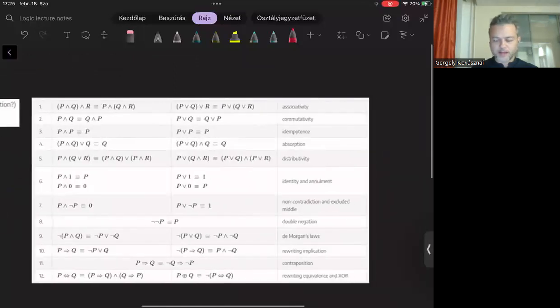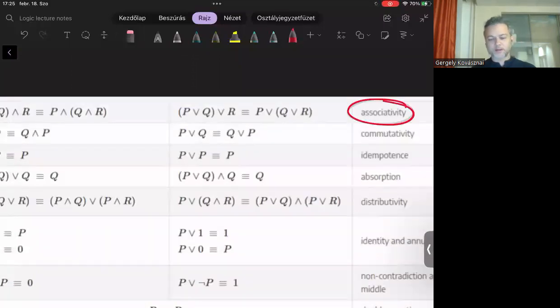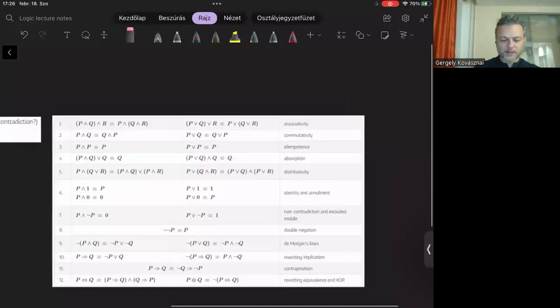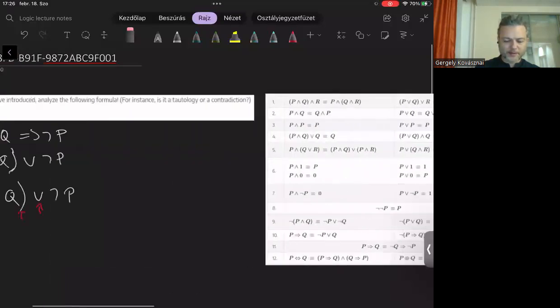I mean, associative means if you have disjunctions with some parentheses between, then basically, since it does not matter in what order you evaluate those disjunctions, you can eliminate those parentheses. Long story short, this is what we are going to do. So we are going to eliminate this pair of parentheses.